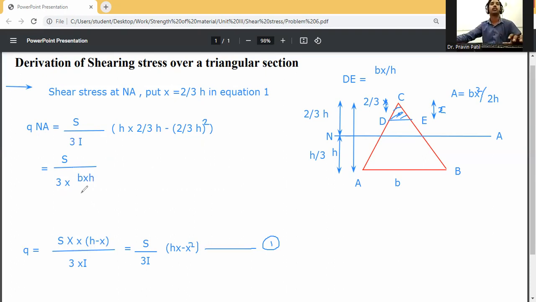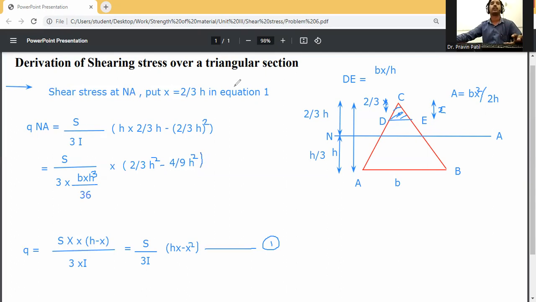So S divided by 3 into bh cube divided by 36, into, 2/3 of h, how much will it be? 2 by 3 h square minus (2 by 3) square, which is 4 by 9 h square.